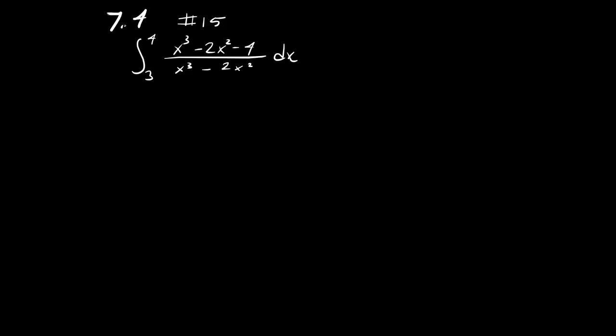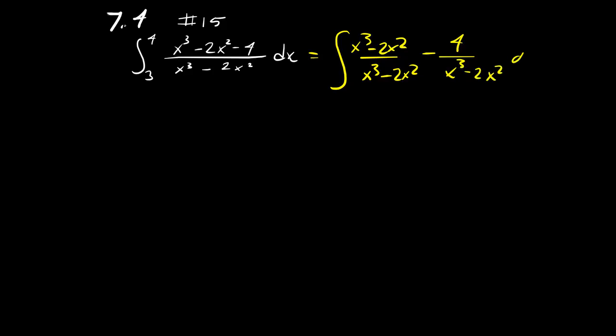And so if I were to split this up, I could imagine doing it like this, where I have x cubed minus 2x squared over x cubed minus 2x squared here, minus 4 over x cubed minus 2x squared. But that first term is just equal to 1. And this is the result we would have gotten from polynomial long division.